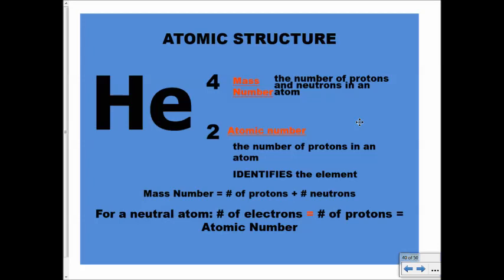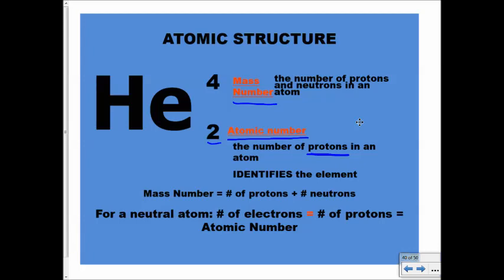But in each atom, there's something called a mass number. Mass number is always the protons plus the neutrons. The atomic number, which is the whole number on the periodic table, that's always the number of protons that the element has. So carbon is number 6 on the periodic table.